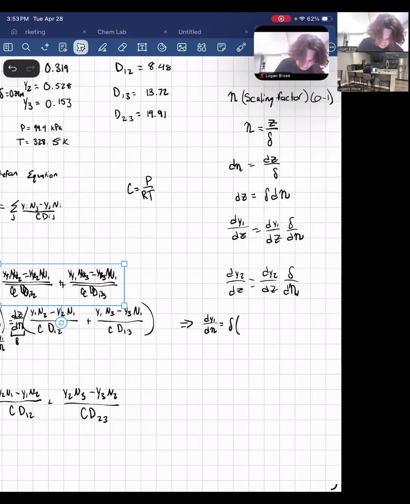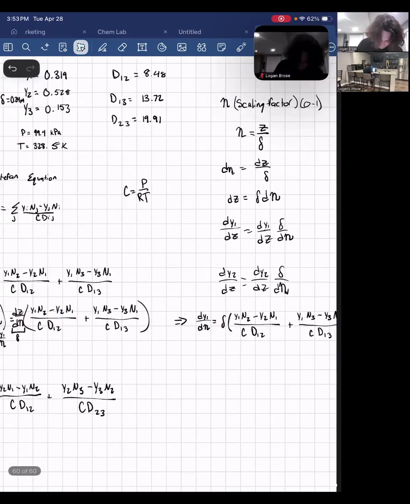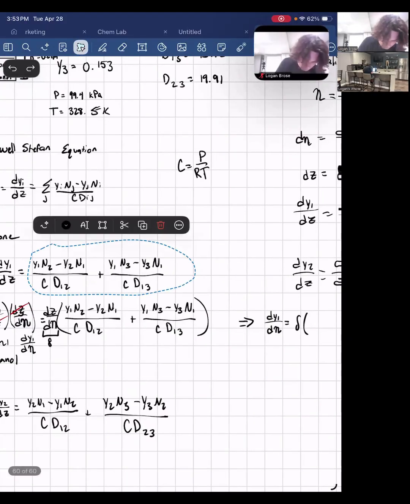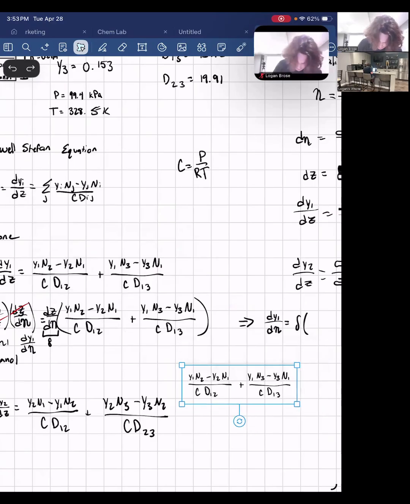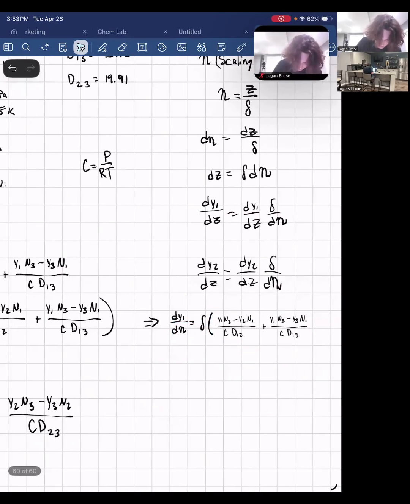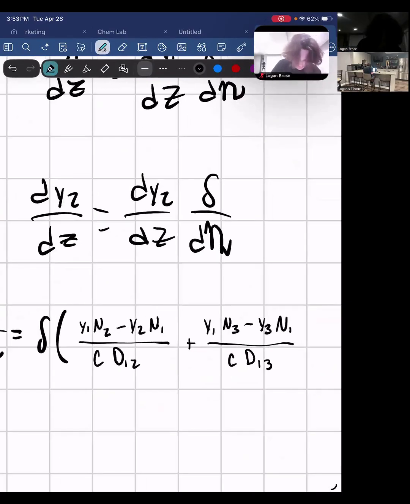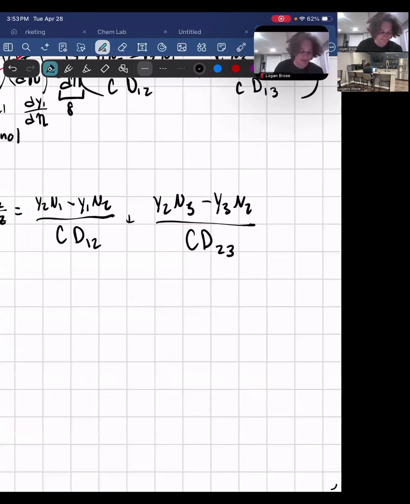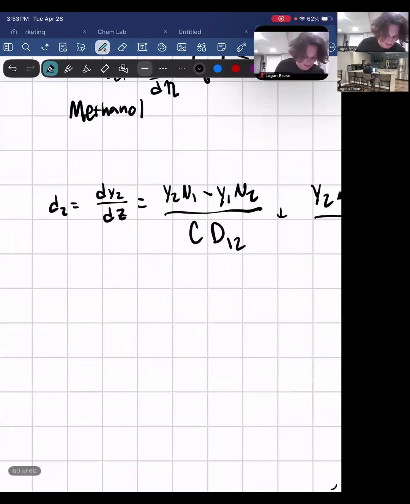So now we can put this in. Sorry, that's bad. And so this equation is a lot better because it's able to be scaled. And we can do the same thing down here with this.